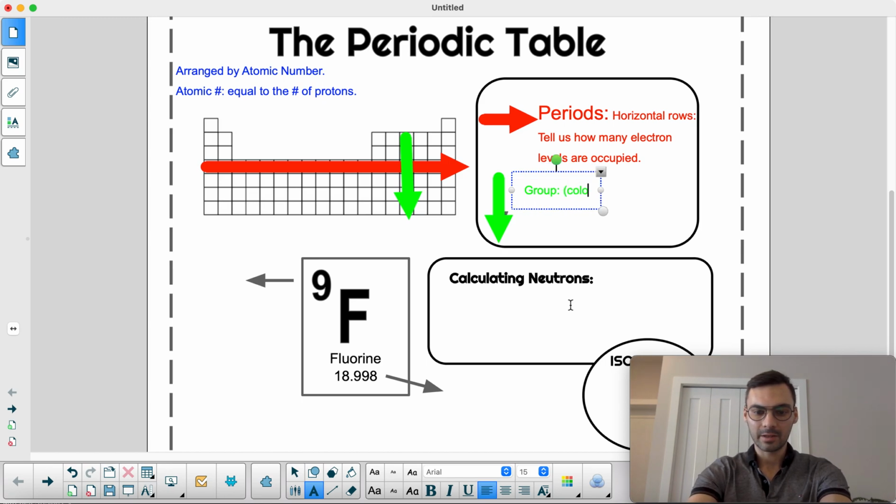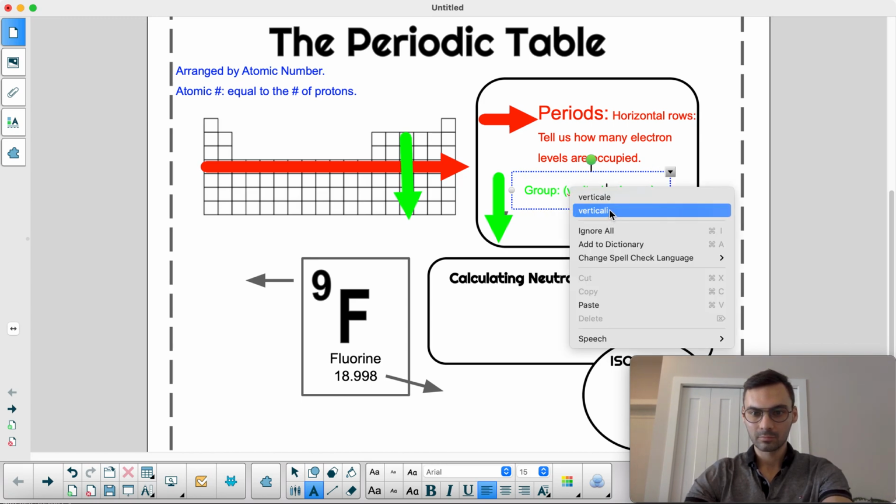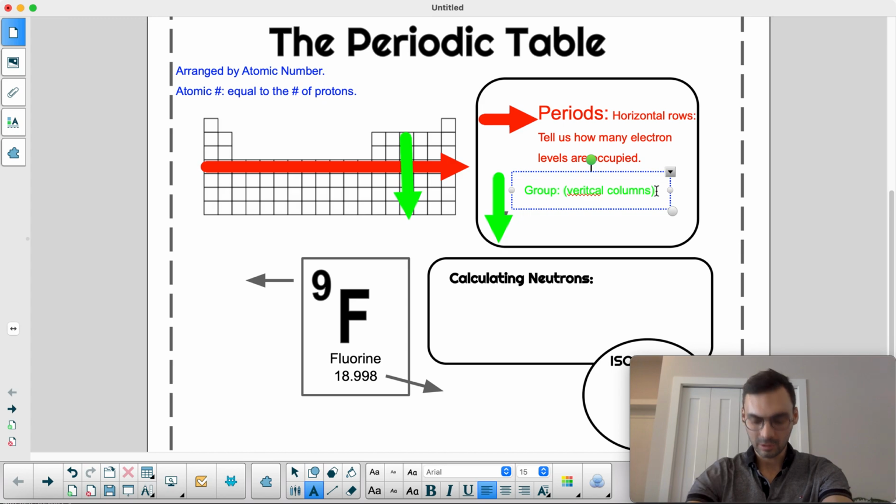We'll say that they're like columns or vertical columns, and they tell us how many electrons are in the outermost energy levels.